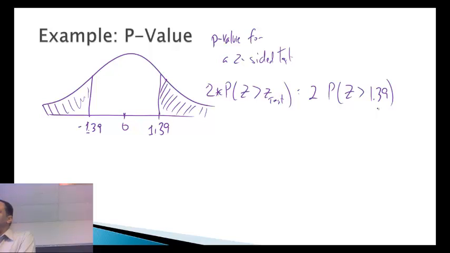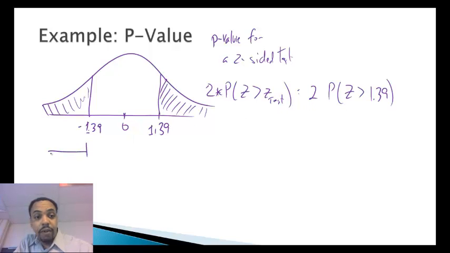And I'll go to the z-chart. Okay, so we'll work this out. The chance of getting a z-score less than negative 1.39 is 0.0823.